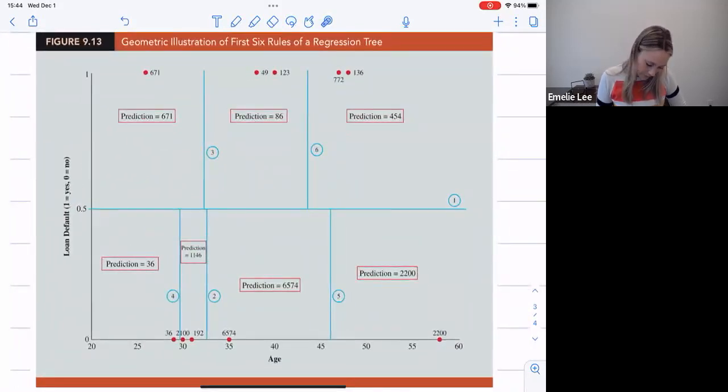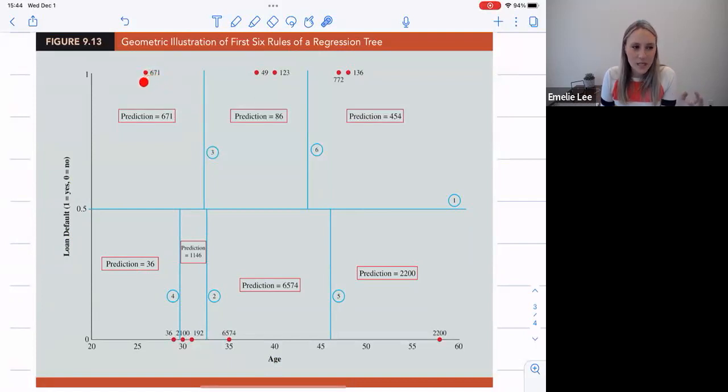But we're trying to predict, I want to say, how much they had in their bank account. I'd have to go back and read the example, but let's just look at this visualization. I'm pretty sure that we're predicting the amount that they have in their bank account. And we want to look at whether they defaulted on their loan, yes or no, and what their age is, right? And so here we have kind of amounts, right?